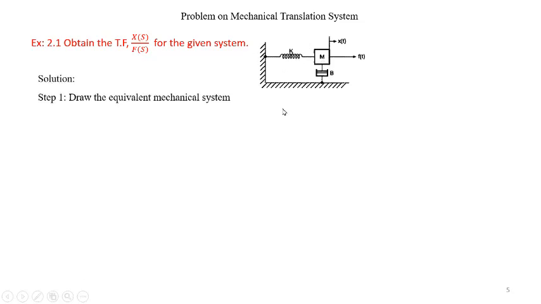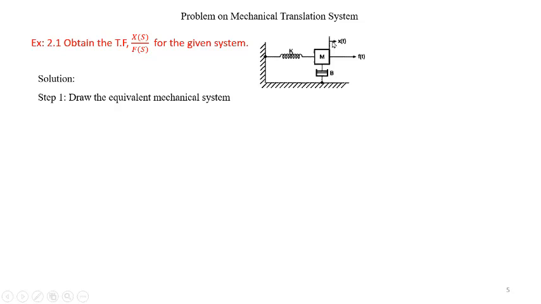Firstly, we need to draw the equivalent mechanical system. So while drawing the equivalent mechanical system, we have to keep in mind the nodal method. The representation by nodal method is the easiest method to arrive at a mathematical model. So the number of nodes will be equal to the number of displacements.